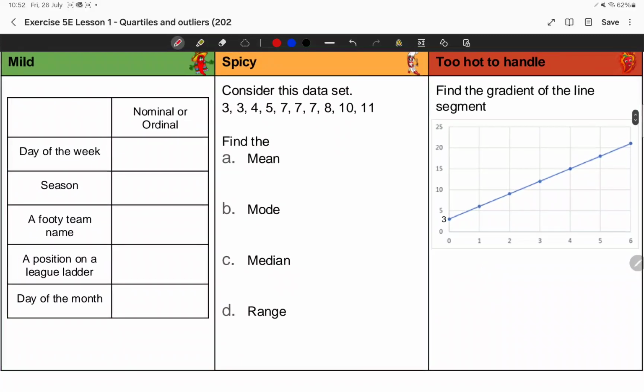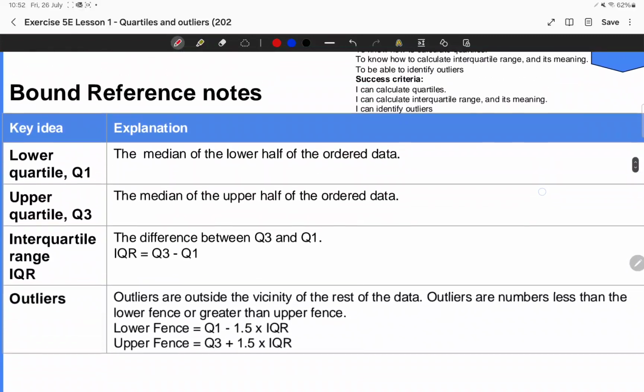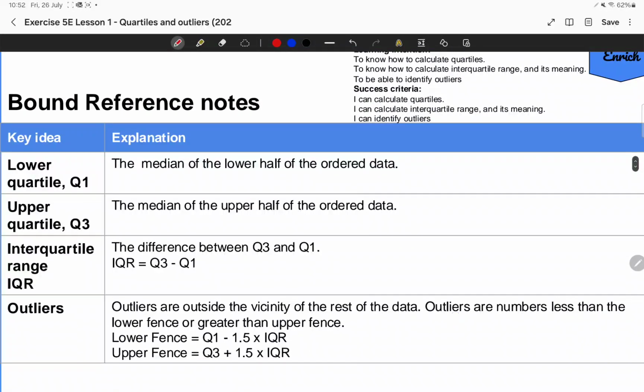We'll skip the chili time for today, just so we can go straight into the bound reference notes. I'll get you to write all of these in, but in the meantime, I'm going to explain each one. With the data that you have, quartiles comes from quarter, okay?